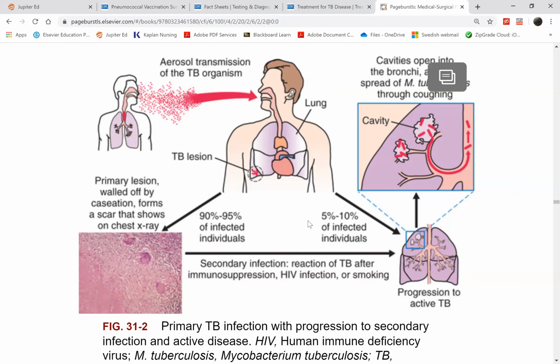So about 10% will develop active TB. The rest of the population, about 90 to 95%, will have what we call latent TB, meaning an inactive form of the disorder.